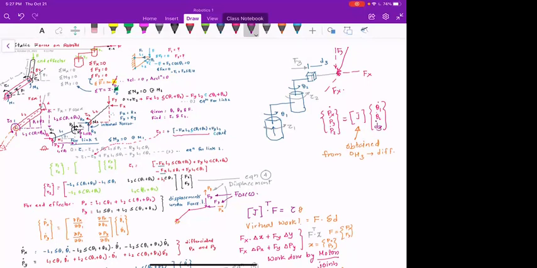So what you can do is basically grab this Jacobian, and now you want to find tau 1, tau 2, and F3.